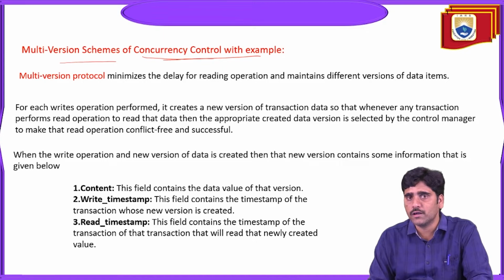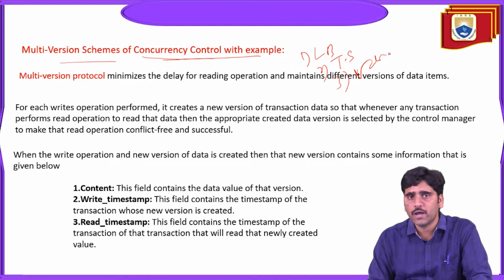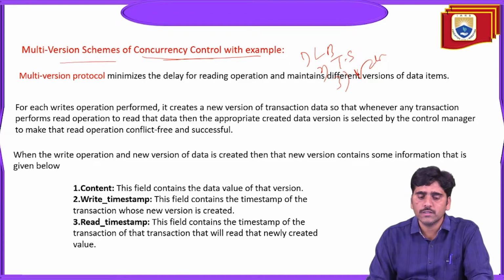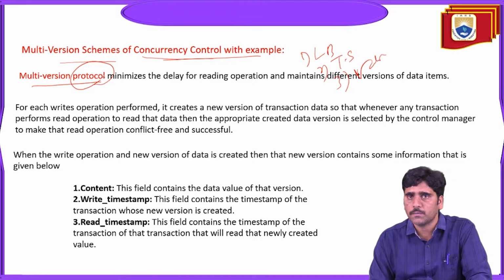We already discussed the different types of concurrency control protocols: one is the lock based protocol, the second is the timestamp protocol, and the third is the validation based protocol.